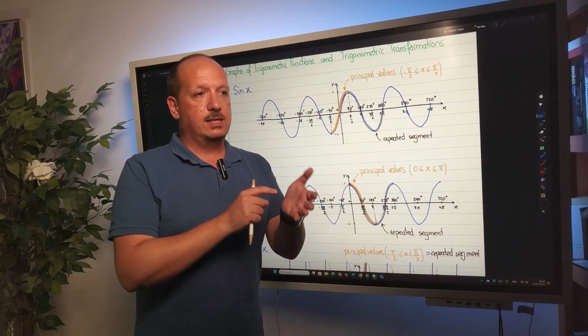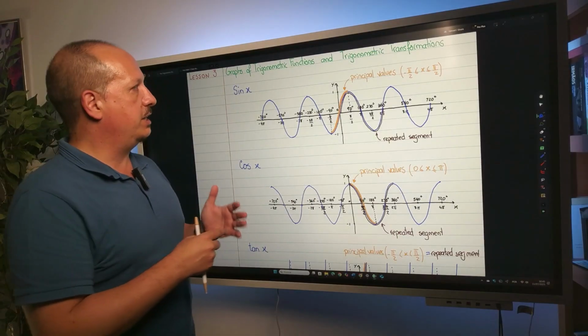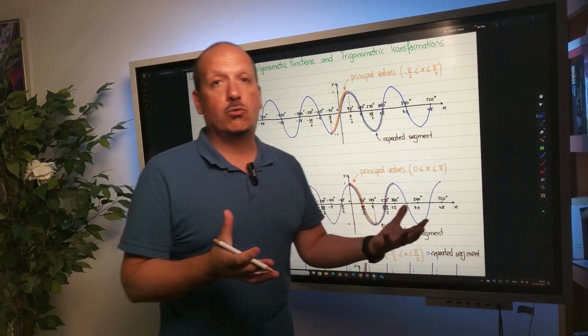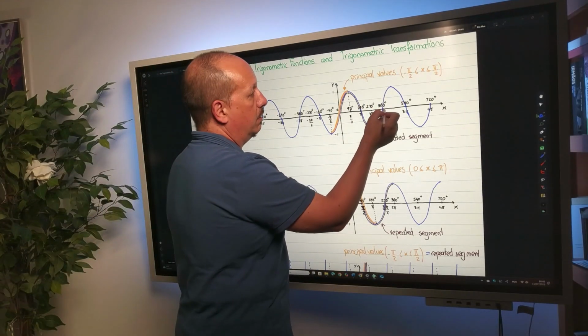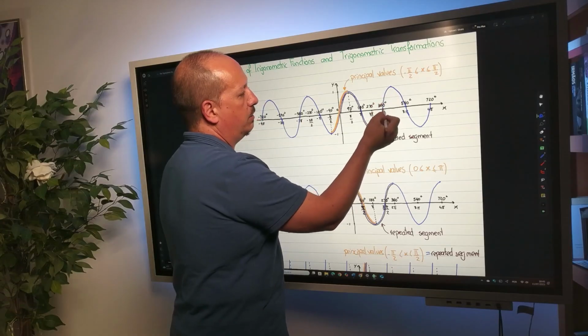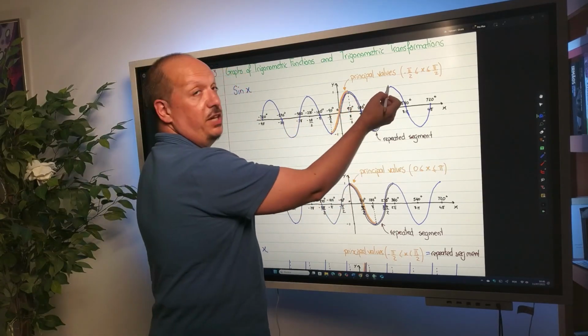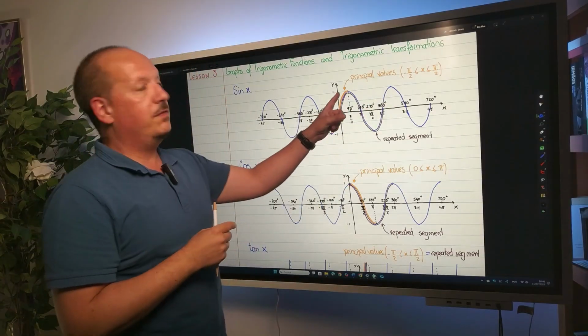If you do sine -1 of 1, if you have your calculator in radians, the result is going to be pi over 2. But for a particular question, the angle might as well be over here, 5 pi over 2, okay? Could be this value over here. But the calculator only gives you this.